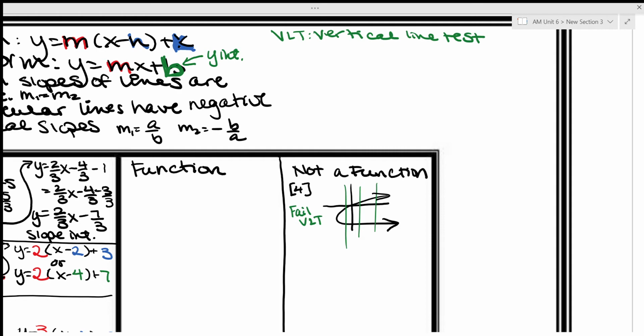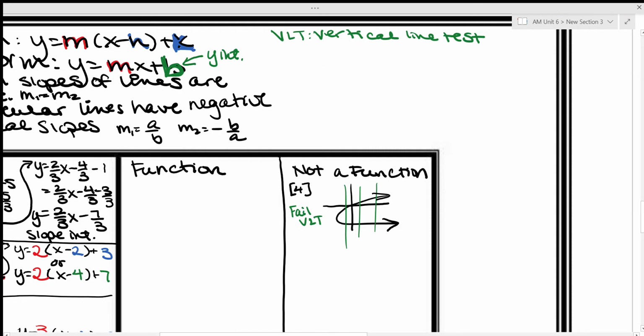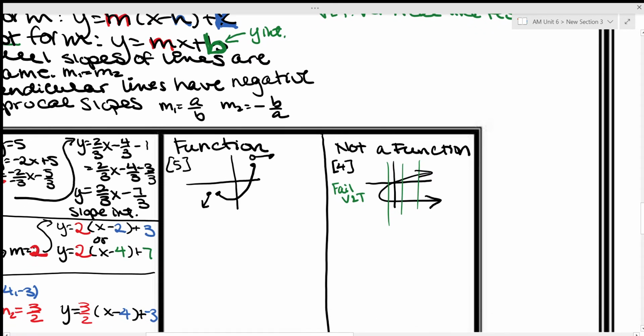Look at number 5. Does number 5 pass the vertical line test? Yes, it does. It's hard to tell. In my first period, I had a student working on this one, and the question came up because I have that open circle right there and then the filled in one below.